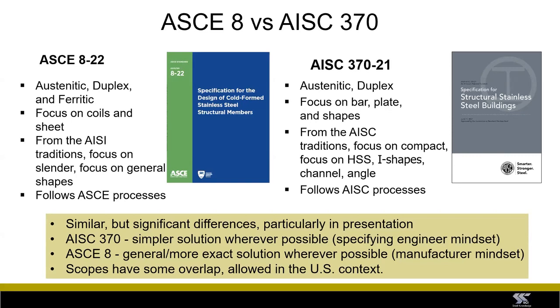So these standards, yes, of course, they're similar because they're covering stainless steel, but there are quite a few differences. 370 gives simpler solutions. It's really specifying with the engineer in mind, perhaps even the engineer in a hurry in mind. ASCE 8 gives more exact solutions, it's more complex, and it's focusing perhaps more on the manufacturer, where it's absolutely critically important to get the final 5% of capacity out. There is some overlap in scopes, and this is permitted in the States.